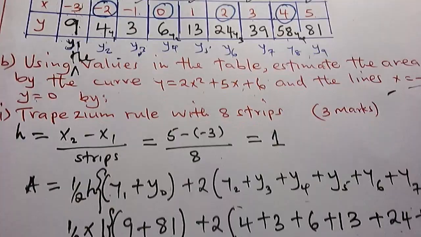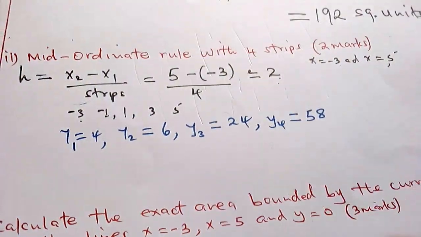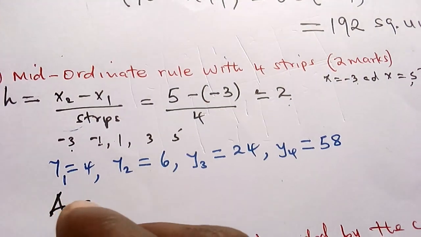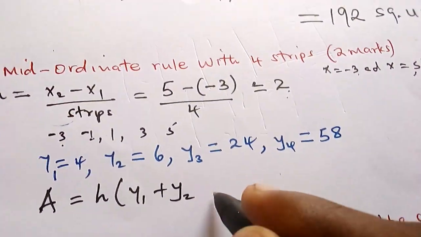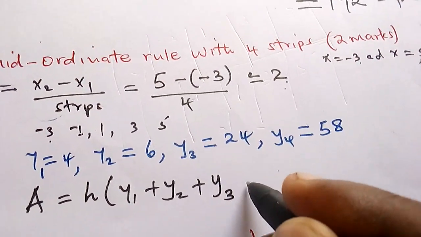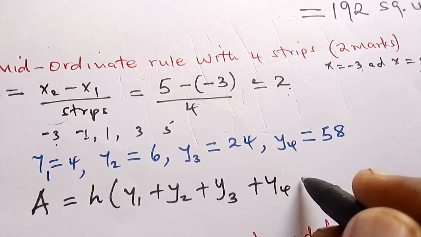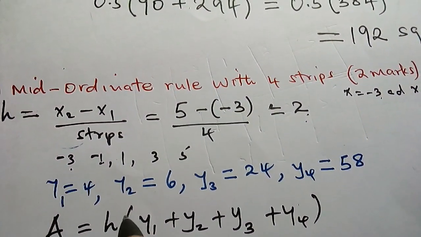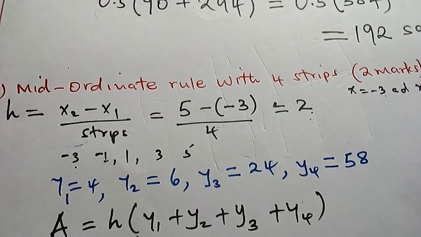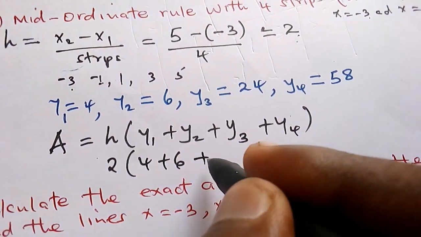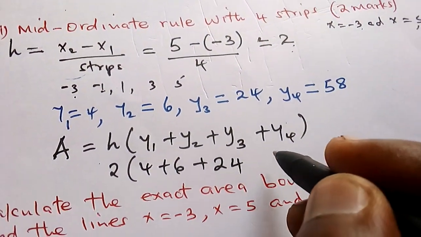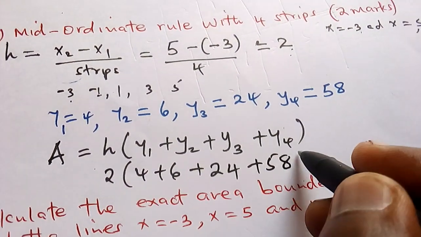So now if we come back down here, we just have our formula. Area is equal to h into y1 plus y2 plus y3 plus y4. So our height was 2 into 4 plus 6 plus 24 plus 58.